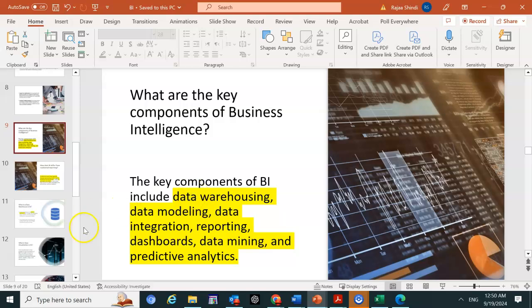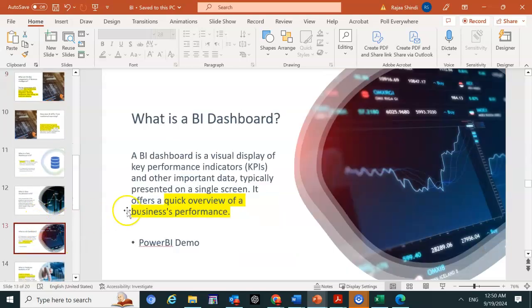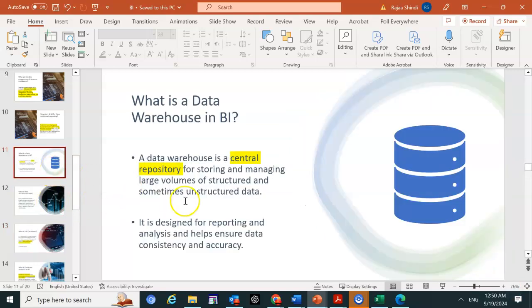Data warehousing is a central database used mainly for storing and managing large volumes of structured and sometimes unstructured data, but it's used more for historical reporting, for data that happened in the past, when you want to create an analysis on it. So that's always used in data warehousing.